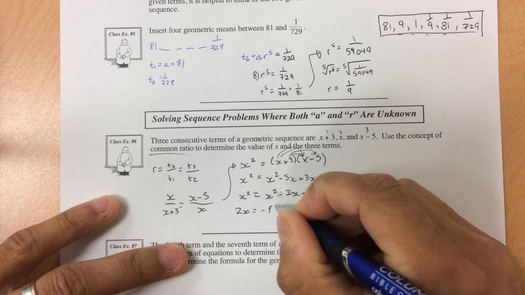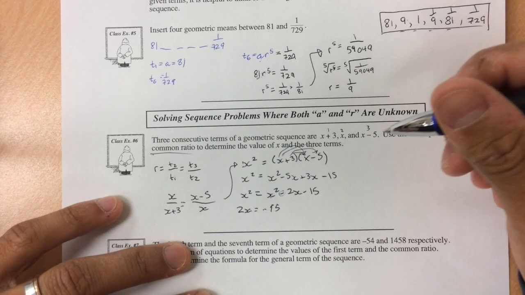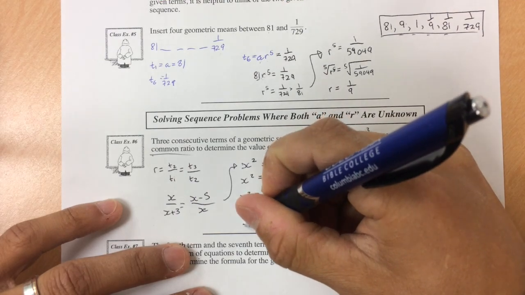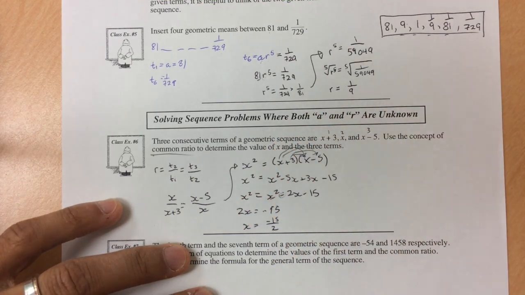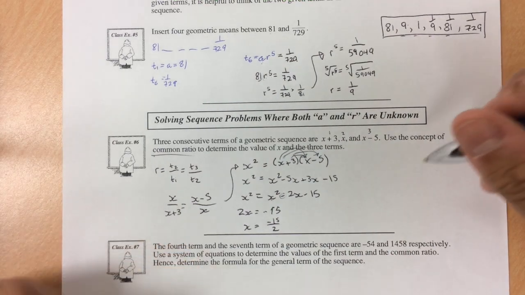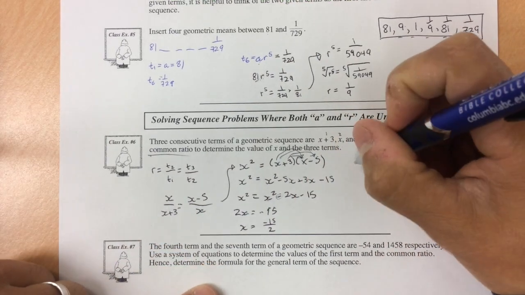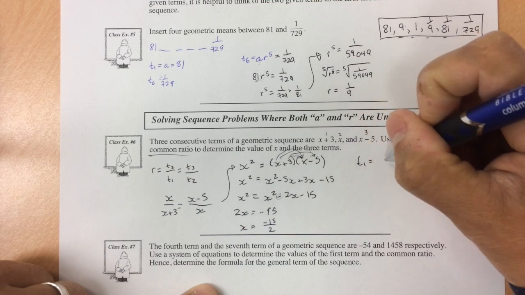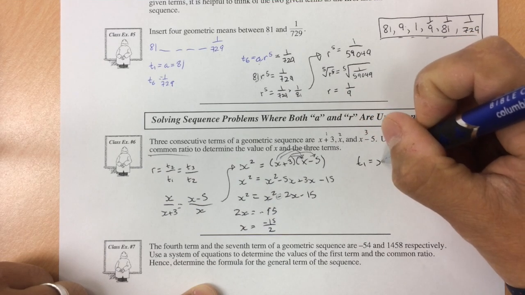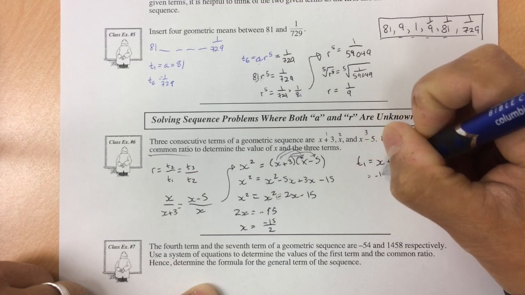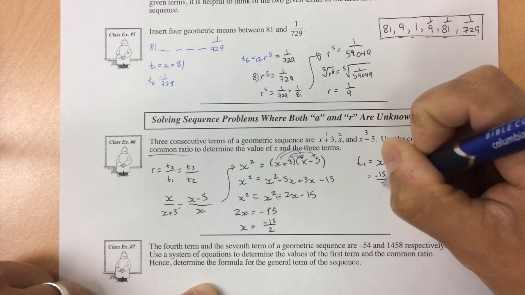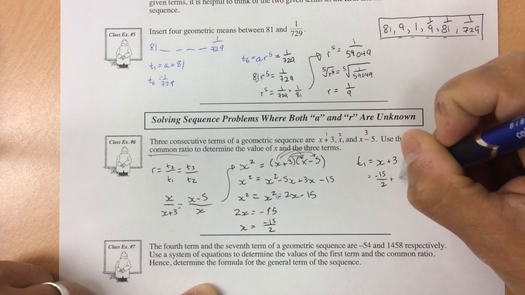And I have my negative 15 that I'll leave over here. If I divide both sides by 2, I'm going to be left with x equal to negative 15 over 2. So I know that that's my value of x. That means that term 1, since it's equal to x plus 3, is equal to negative 15 over 2 plus 3.